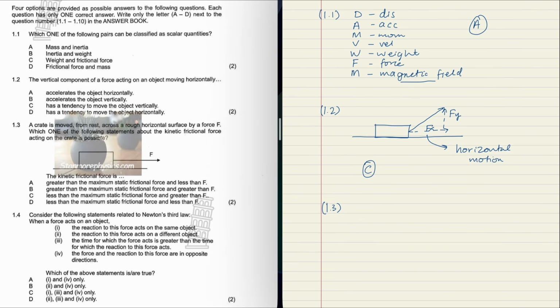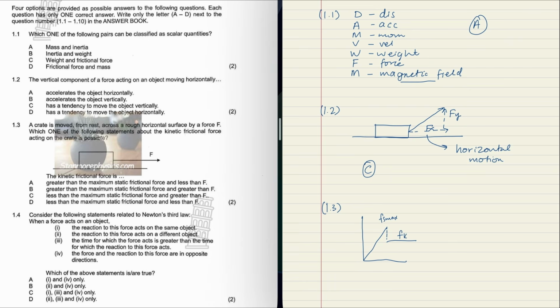So A says the kinetic friction is greater than the maximum static friction. That's out, because if we consider the graph of friction, the graph looks like this, where this is Fs max and that's Fk.